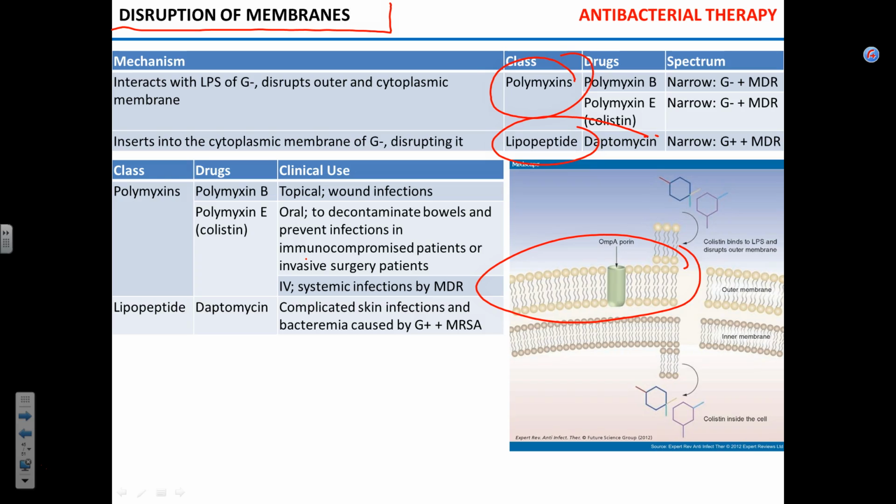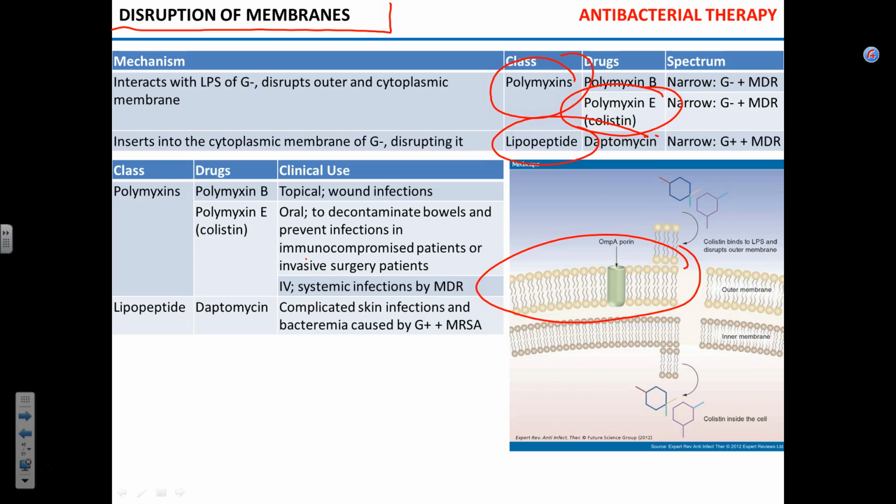So polymyxin B is a component of the topical antibiotic ointment or antibiotic cream. If you read it, it's neomycin, polymyxin B, and something else. I don't remember.